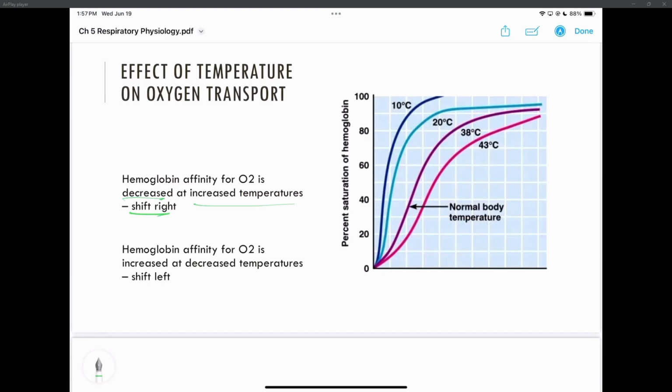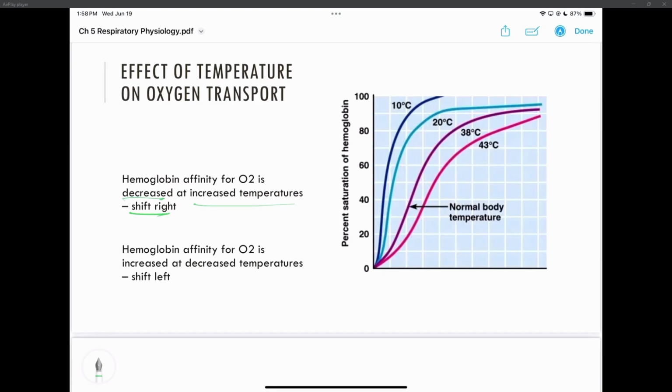When you're exercising, the temperature goes up, and it promotes unloading of O2 to your tissues. Does that make sense? We need more oxygen in our tissues, and when the temperature goes up, it favors unloading of oxygen to the tissues where they need it.